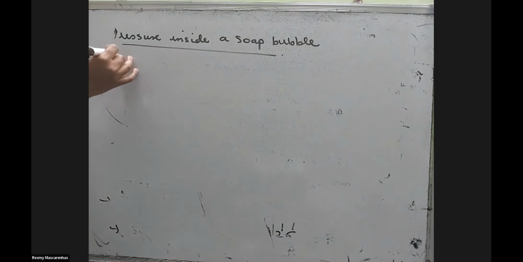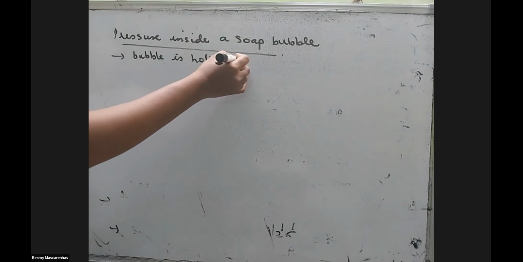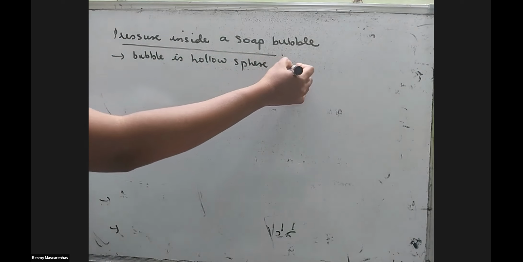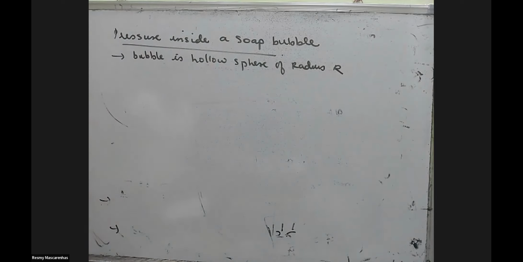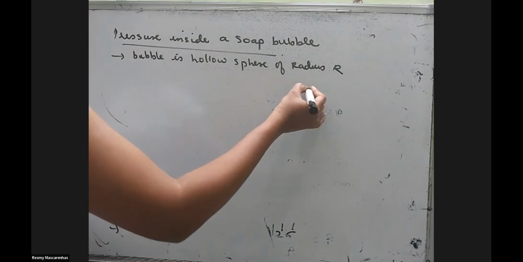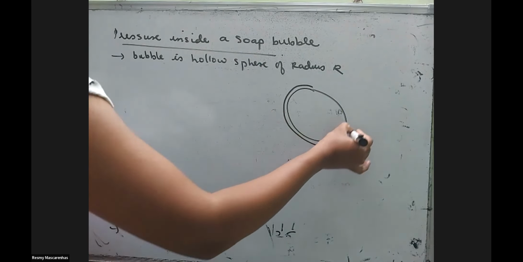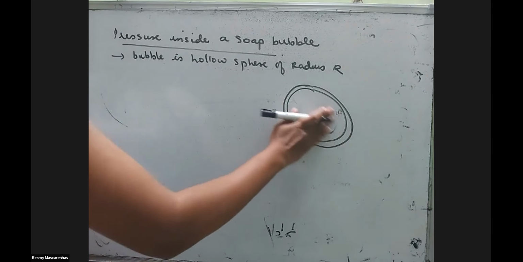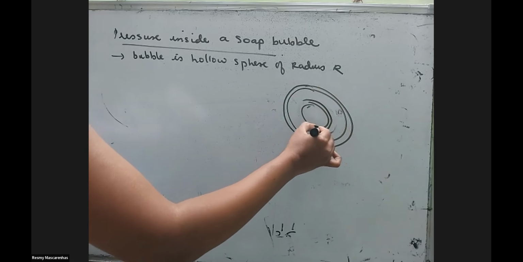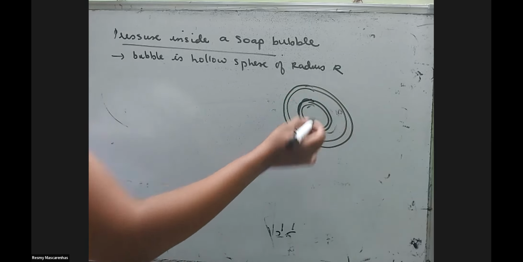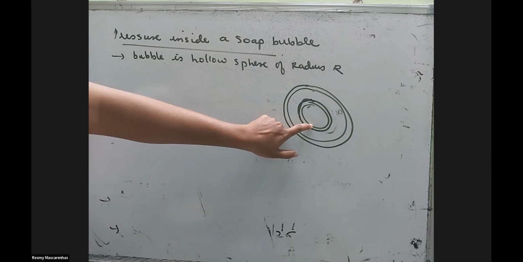So we know that a bubble is a hollow sphere. So now what is going to happen? Originally it is like this, and after expanding, this surface is also increasing.